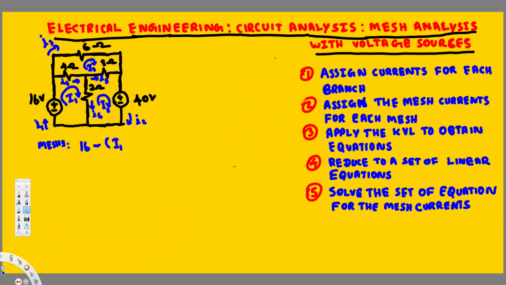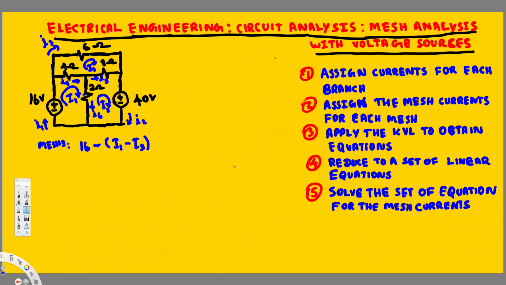The I3 on top goes through this one in the opposite direction, so it's going to be positive. Here we already have the negative, so if we put another negative, that makes it positive. So here we put negative I3, because negative negative is positive, right?